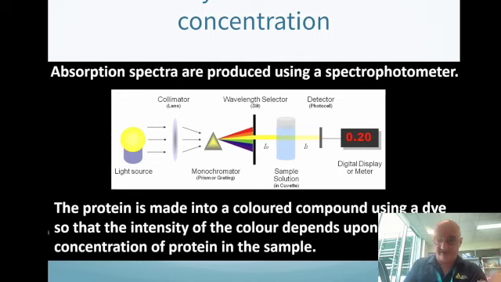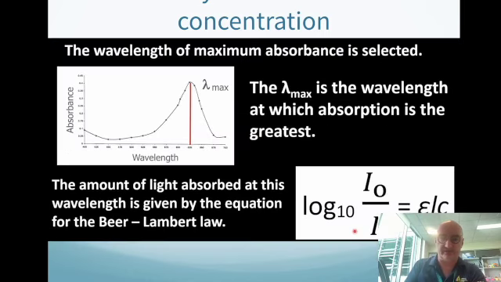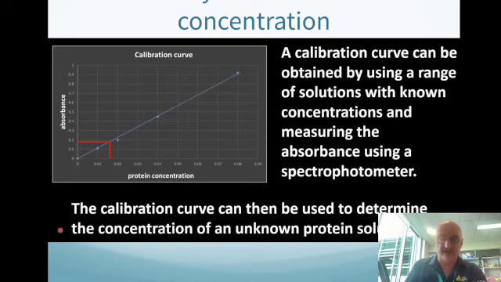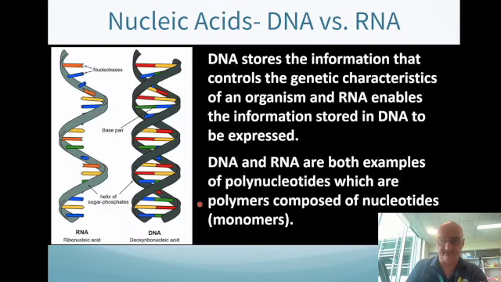We're going to use a spectrophotometer: source, collimator, monochromator, wavelength selector, sample solution, detector, and readout. Maximum wavelength, or lambda max, is the greatest absorption of light at a particular wavelength. This time it's 626. And we can use the calibration curve to get the unknown protein concentration using the Beer-Lambert law.